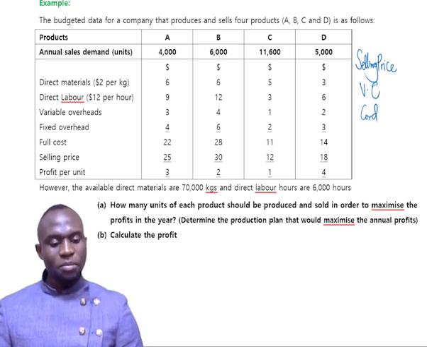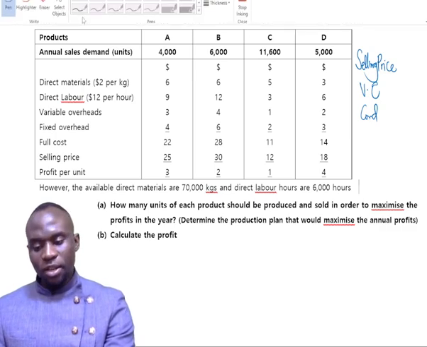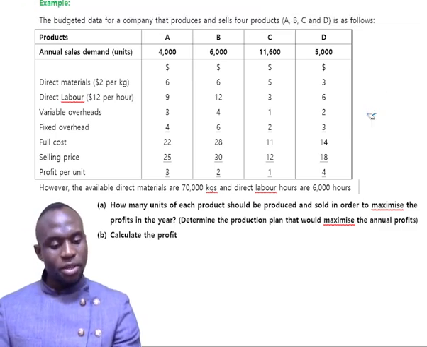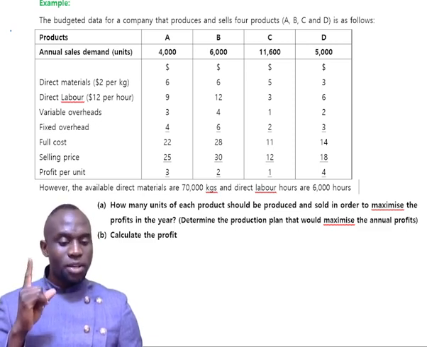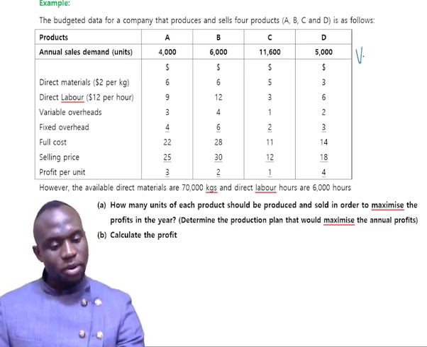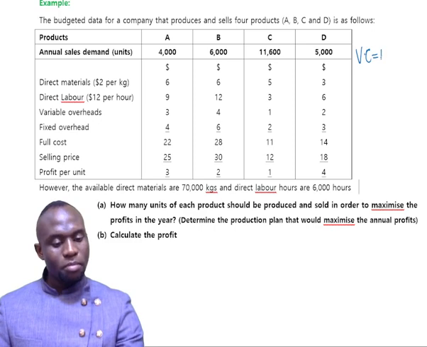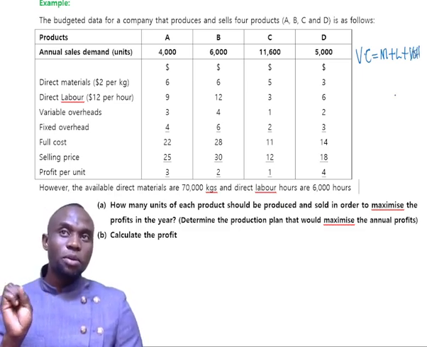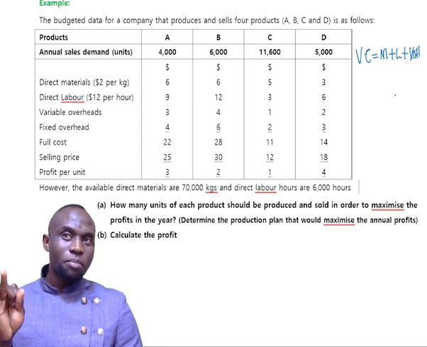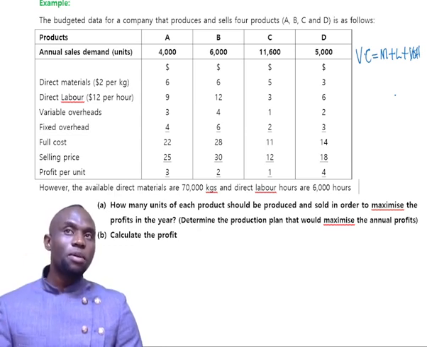So if we want contribution of product A, what would it be? It is the selling price of A minus variable cost. But take note of this: variable cost is made up of materials plus labor plus the variable overheads. So total variable cost is material cost plus labor cost plus the variable overheads.